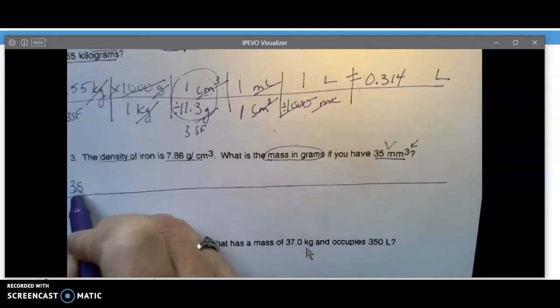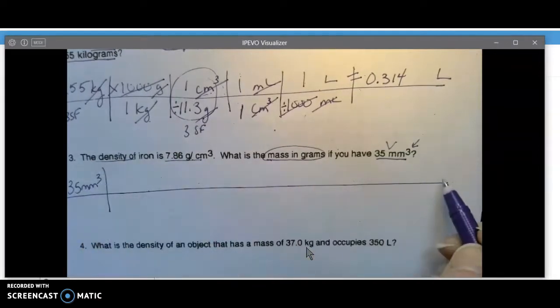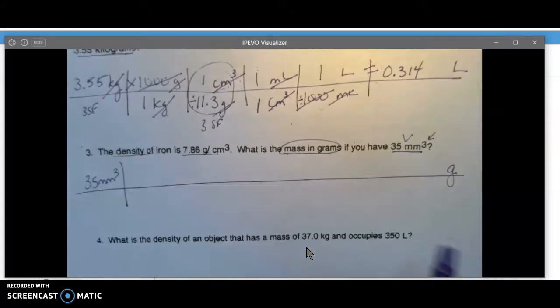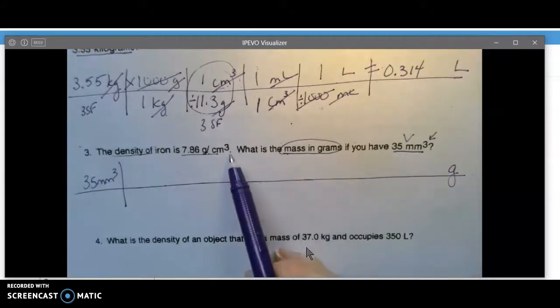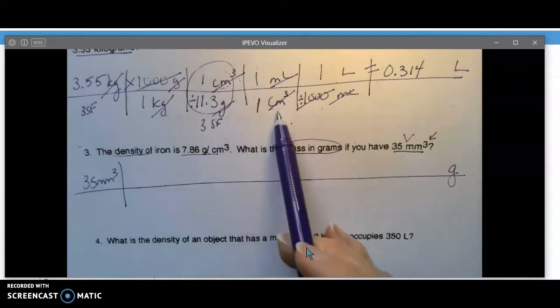So I'm going to put my millimeters cubed here, and I need to end up in grams. The only relationship we have that is cubed is centimeters cubed to milliliters. So I don't really need that for this one because I only need to get to centimeters cubed, and this is going to grams. Up there I needed it because I was going to liters.